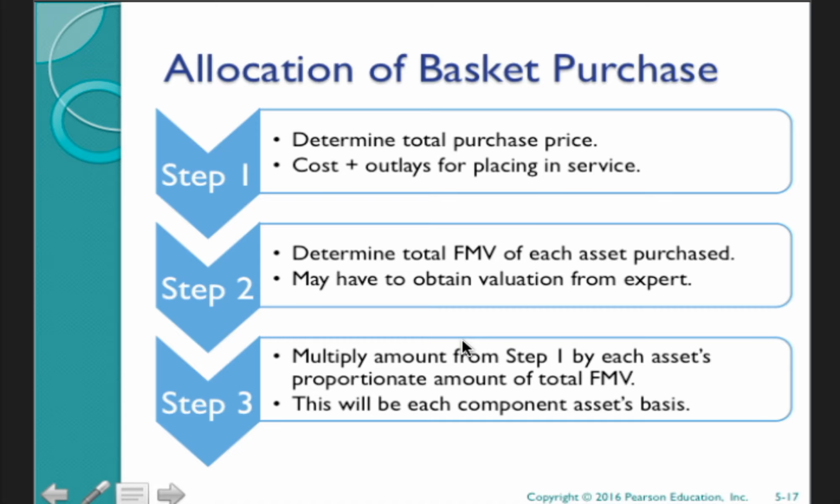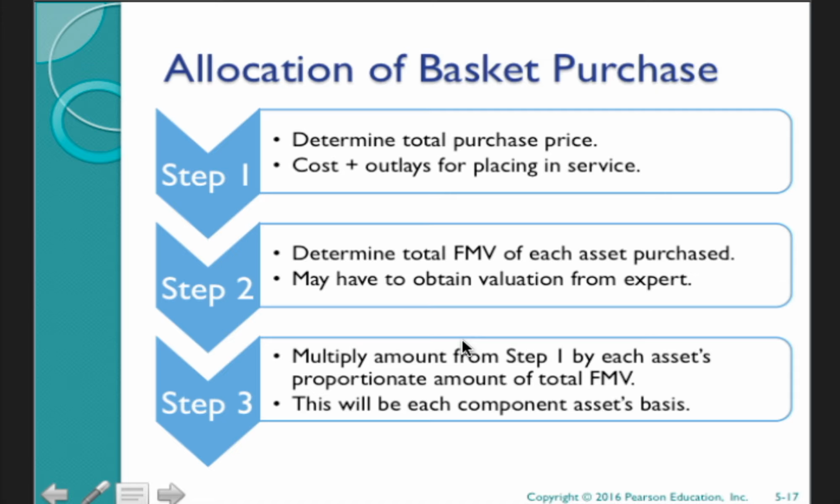Then step two is determining the fair market value of each asset purchased. This may have to be done through getting some type of professional valuation done, assuming that there's not like a ready market for this specific asset.